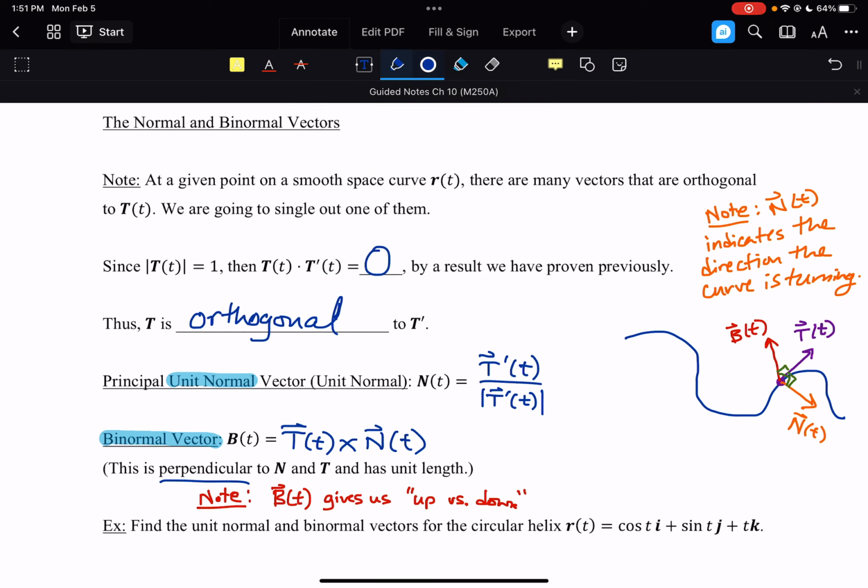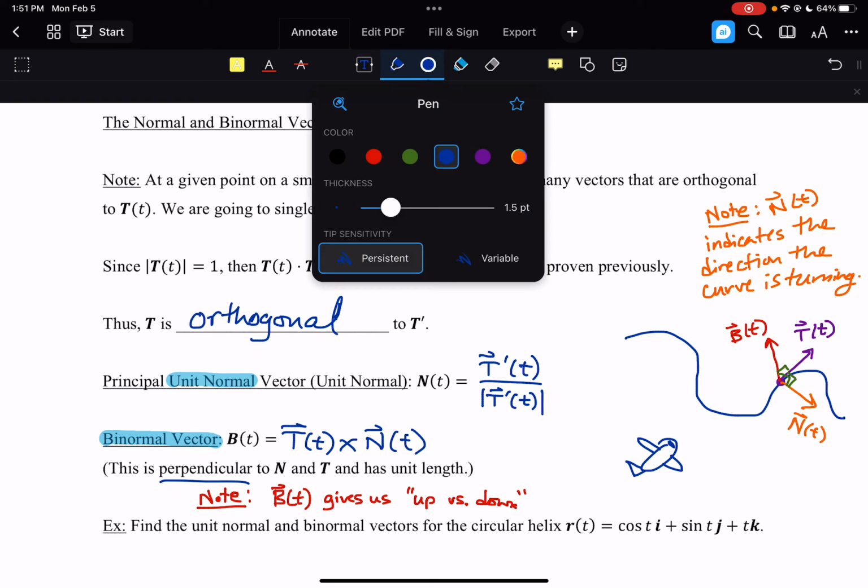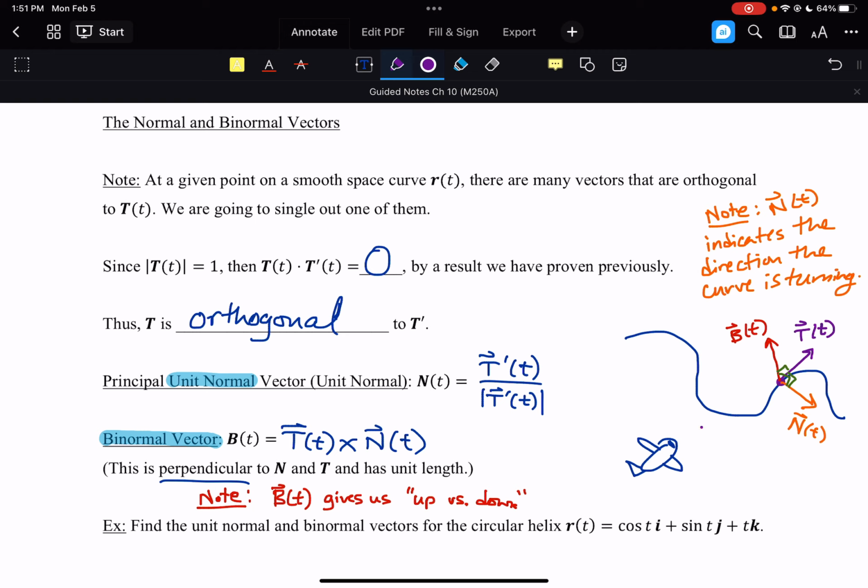So the way that we can use these vectors, if you think about it in the context of air travel, think of aerospace. If you're flying in a plane, which, I'm not a good artist, but here's our plane. These three vectors each give us useful pieces of information. The unit tangent vector tells us what direction the nose is pointed, right?